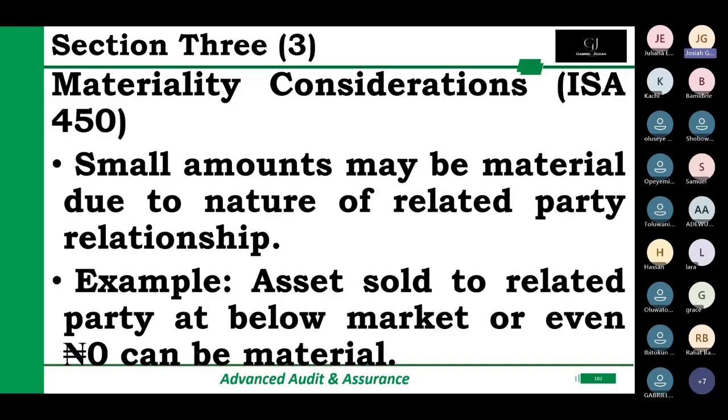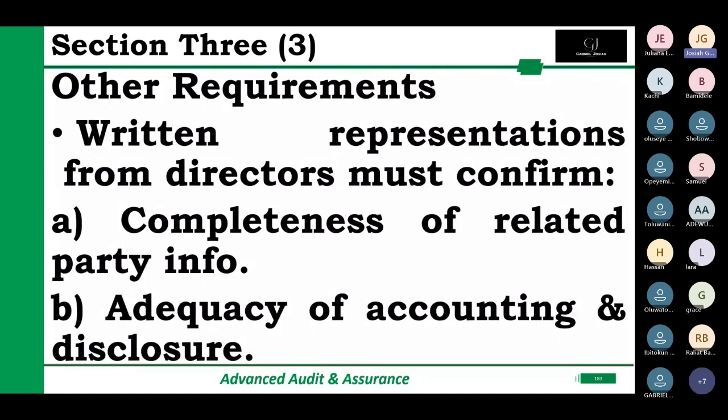The company policy may be clear that you cannot provide or sell an asset free of charge, even after its useful life. But when that is done, it's a material issue, irrespective of the amount. So such related party transactions should be flagged by the auditor. And other requirements around this speak to written representation from directors.